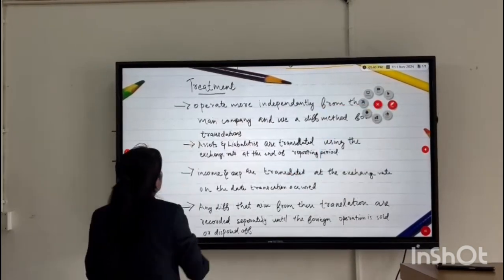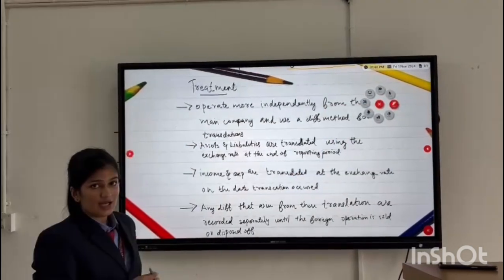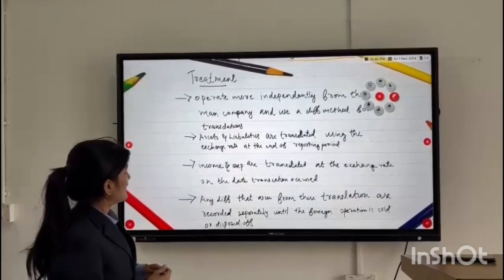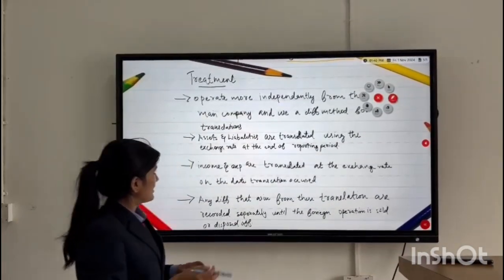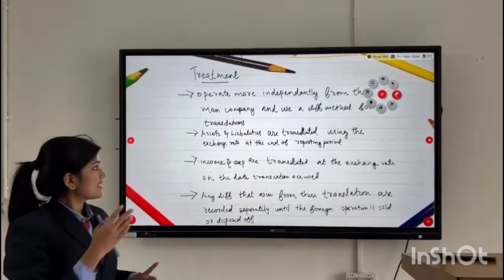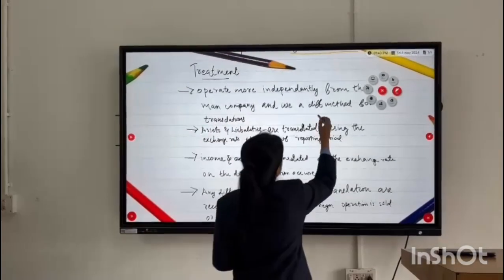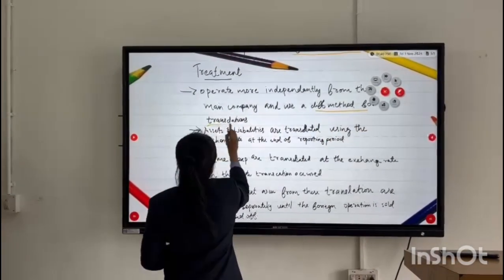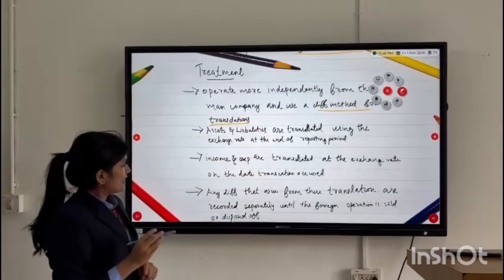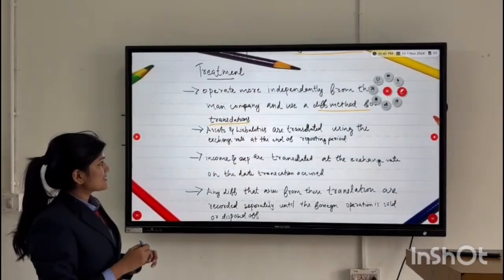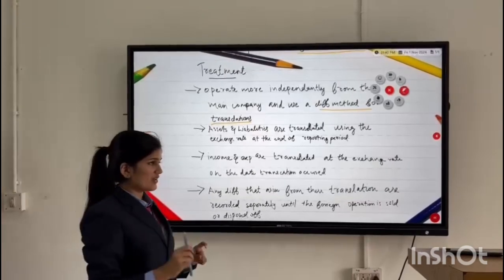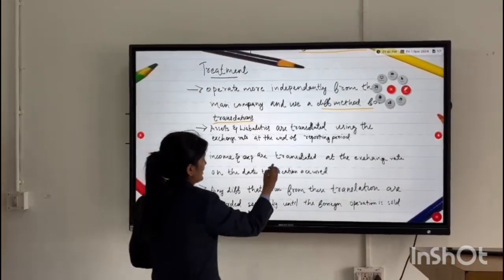Next one is the treatment of non-integral transactions. These are the transactions which operate more independently from the main company, and in this case, we use different methods for translation. The assets and liabilities are translated using the exchange rate at the end of the reporting period.